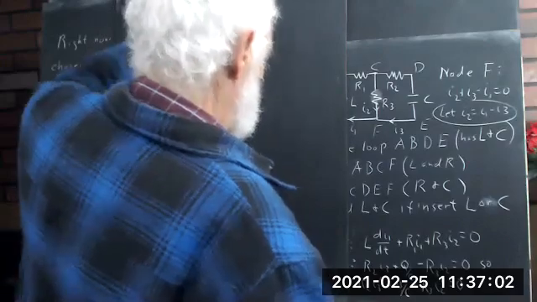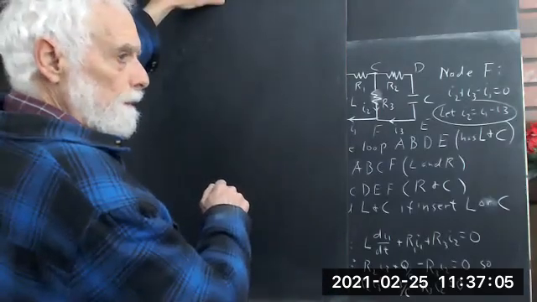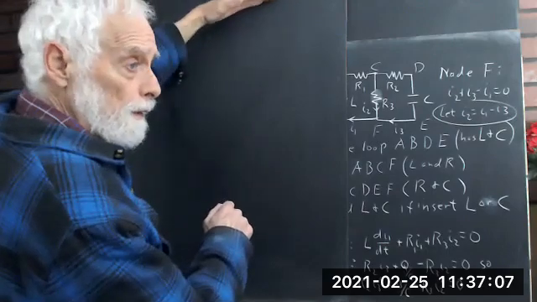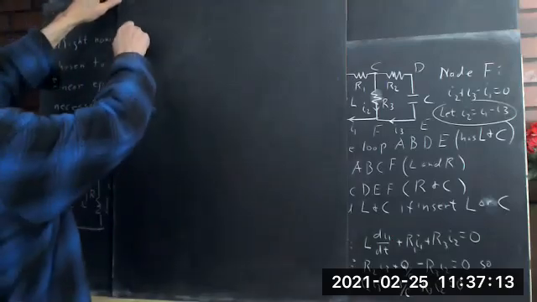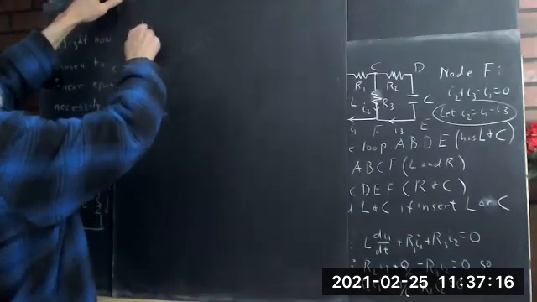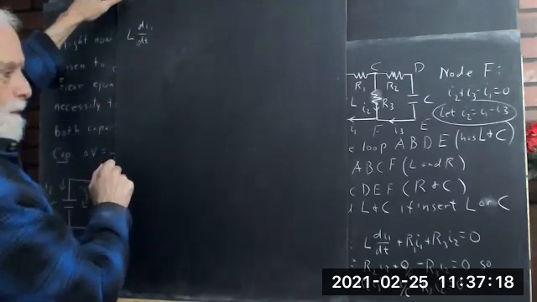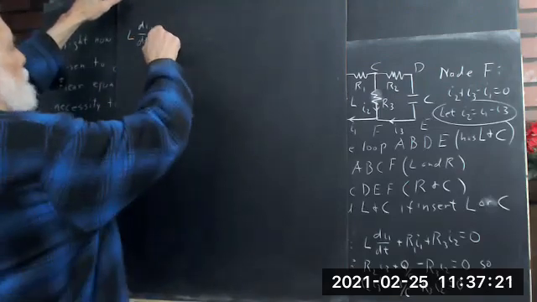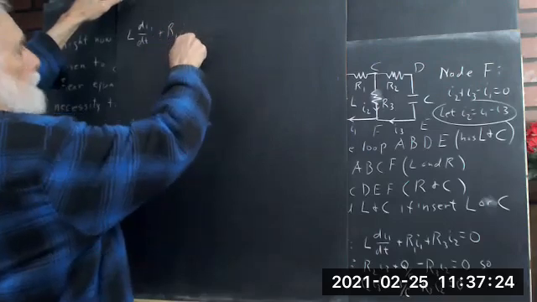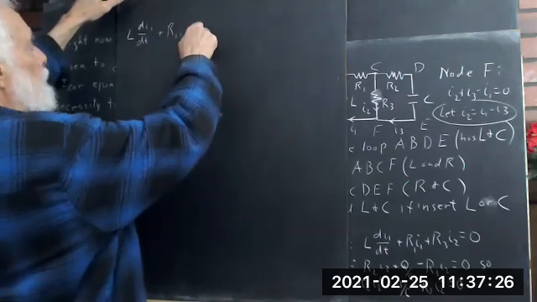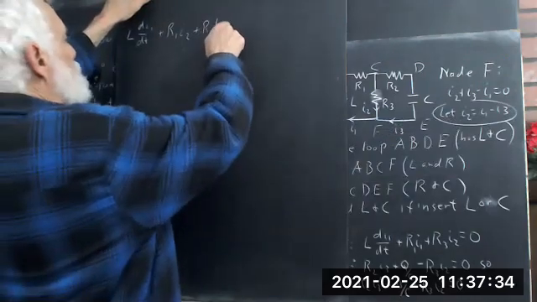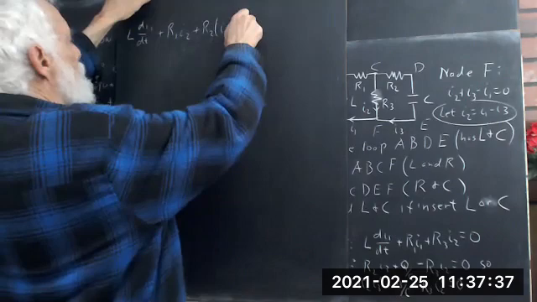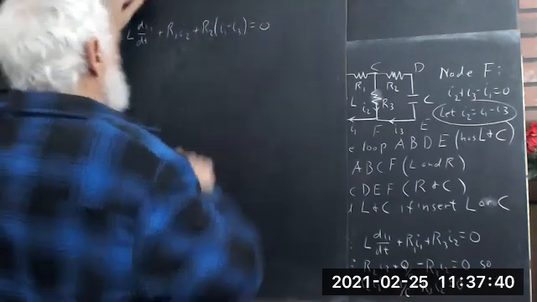So we're going to have, how can we go here? Okay. Well, I'm going to start over here. L dI1/dt plus R1 I1 plus R2 I2, but we're letting I2 equal I1 minus I3, equals 0.